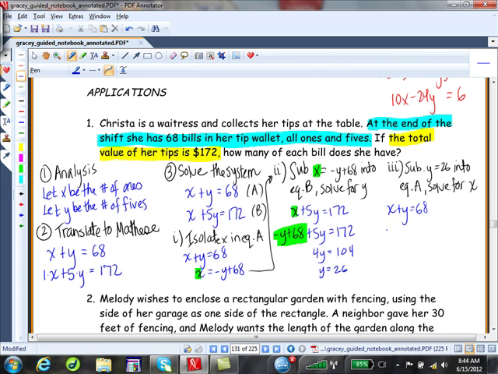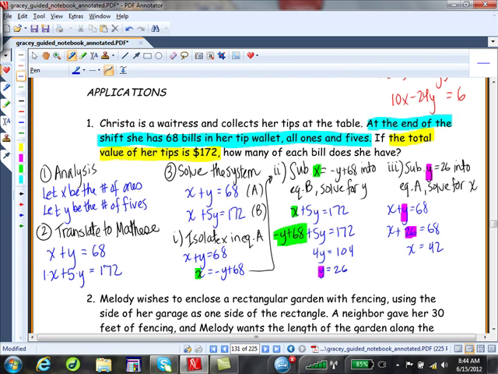X plus 26 equals 68, because that's what we're substituting in for the y. Alrighty, so subtracting 26 from both sides, we will get 42.